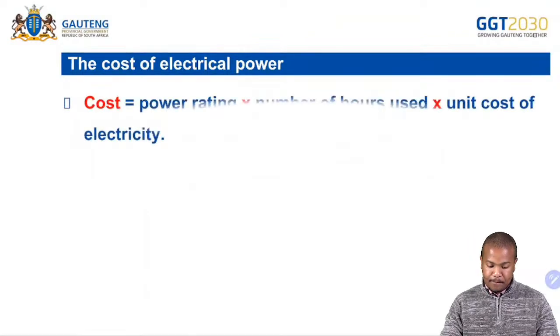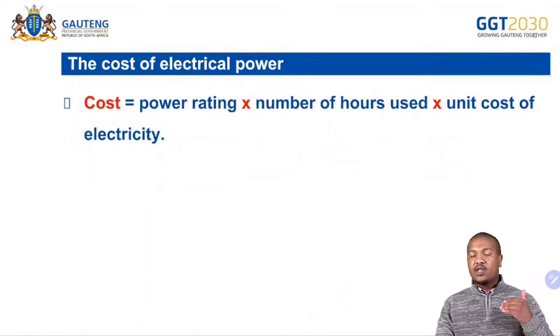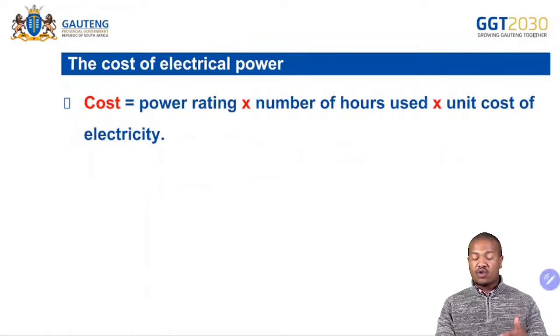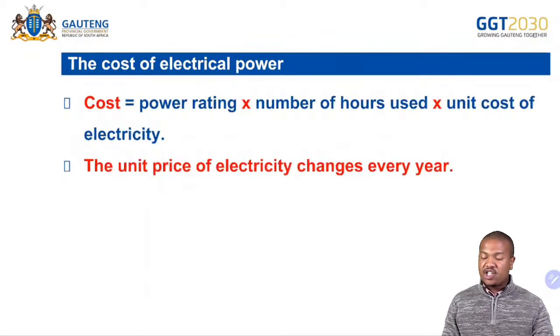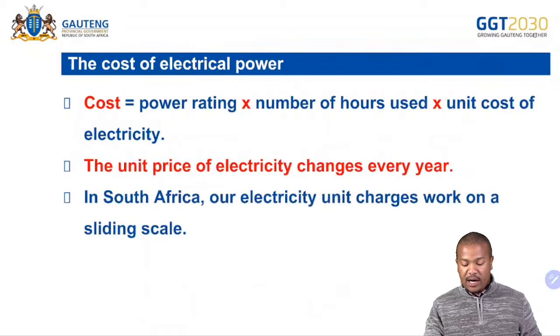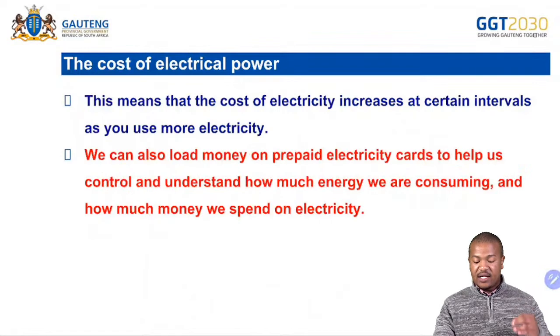Right. So as the formula comes back now, cost is equal to power rating multiplied by the number of hours used, multiplied also by the unit cost of electricity, right? And the unit price of electricity changes every year. In South Africa, our electricity unit charges work on a sliding scale.